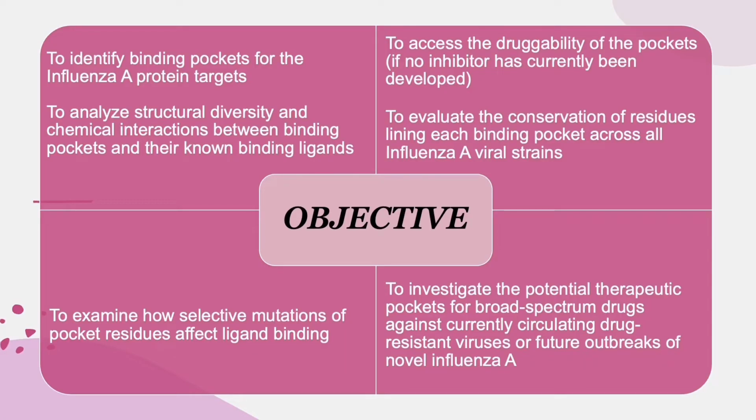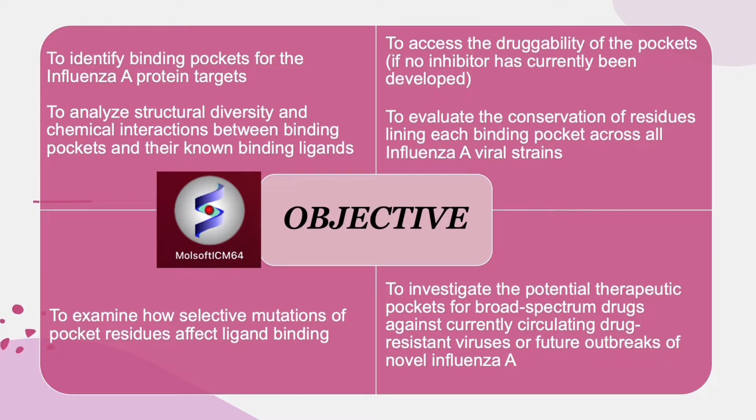The goal of this work is to utilize an in silico protein modeling software to first identify the binding pockets of influenza A protein targets and analyze the structural diversity and chemical interactions between those binding pockets and their non-binding ligands. Second, to determine the druggability of the pockets if no inhibitor has currently been developed, and the conservation of residues lining each binding pocket across all influenza A viral strains.